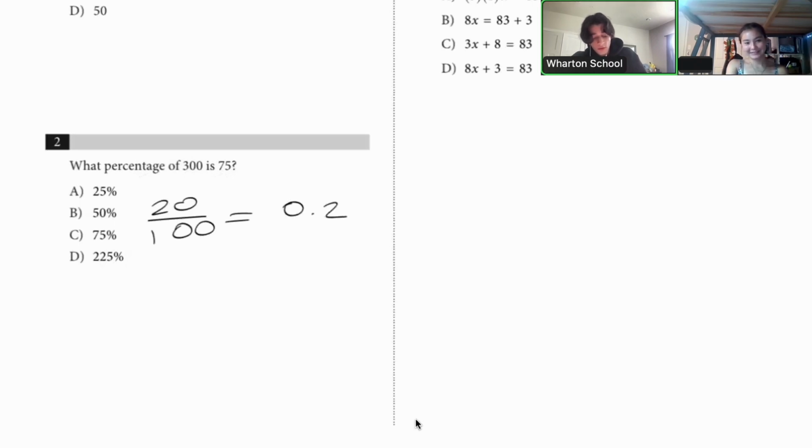Great. So then what's 0.2 times, let's say, 100? 20. Exactly right. So when you want to think about a percentage, you want to think about it like a fraction per 100.